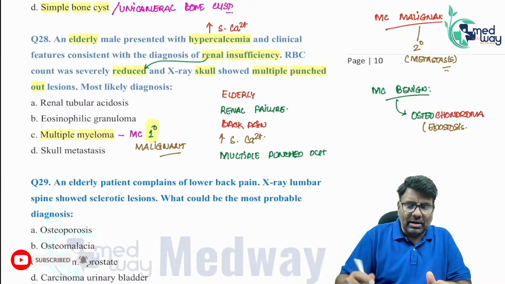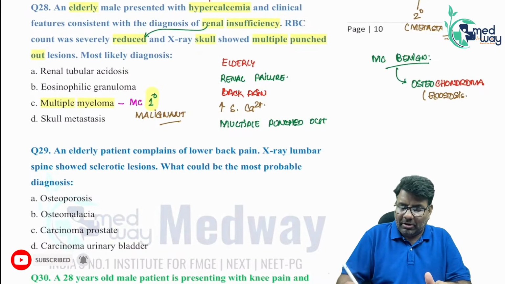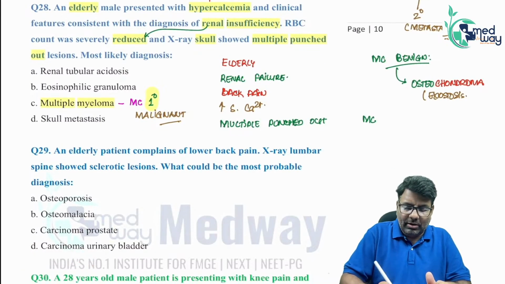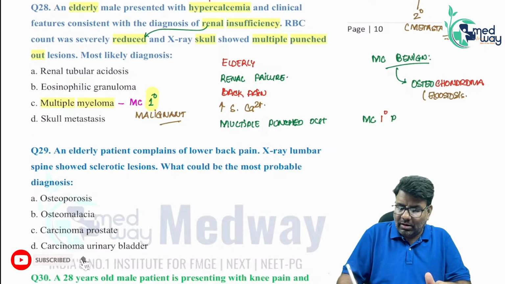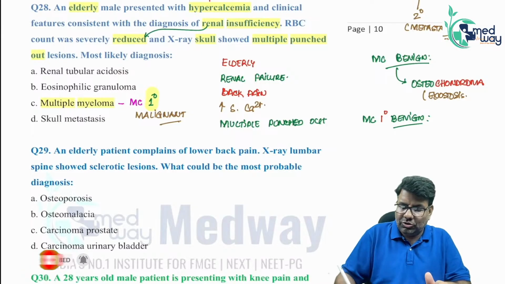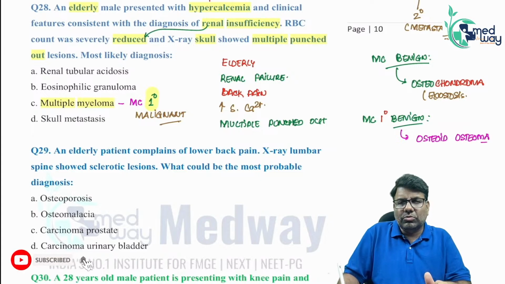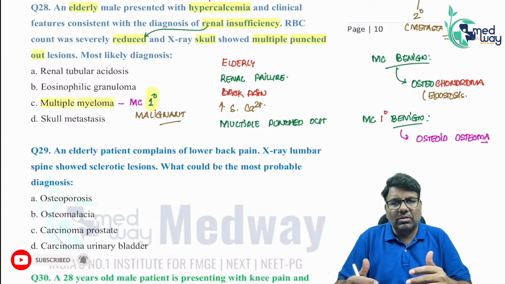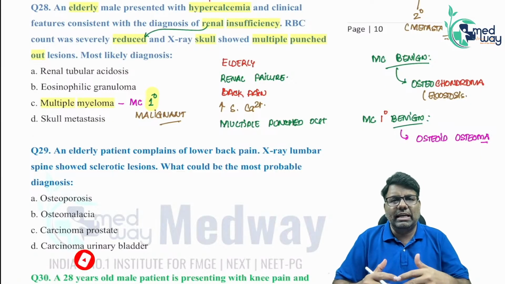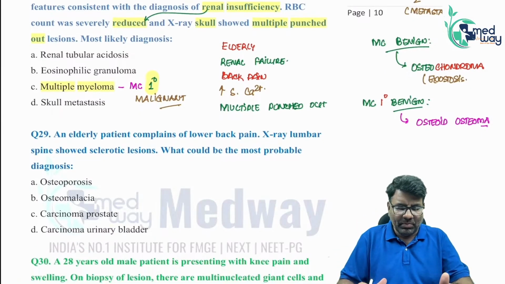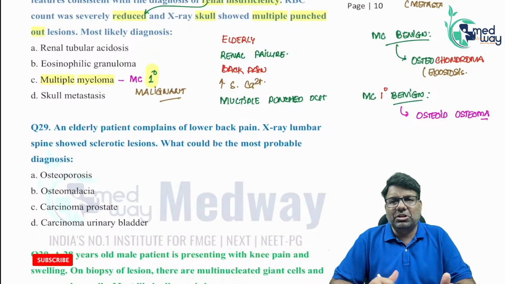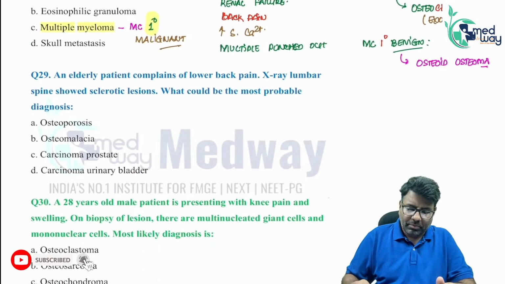And if I just add one word like most common primary, and then if I write benign, then again the answer will change to osteoid osteoma. So you see, just addition or deletion of one word changes the entire meaning of the question statement. Anyway, so this is a classical presentation of multiple myeloma.